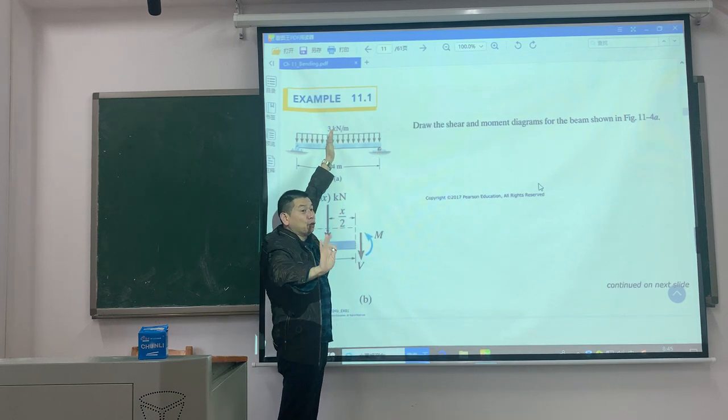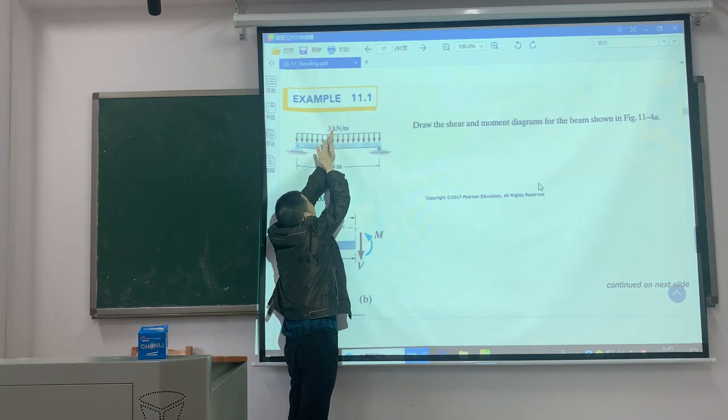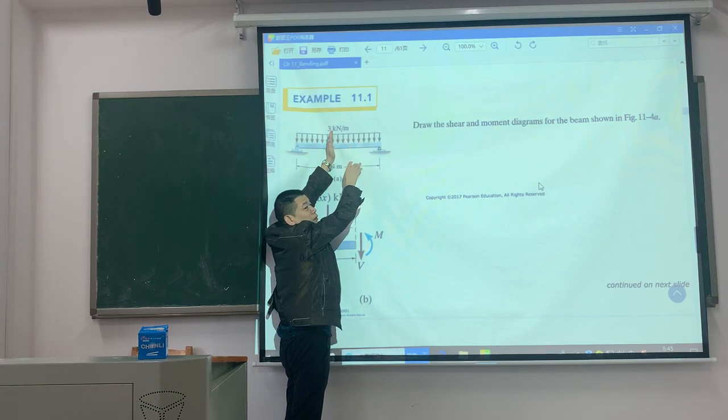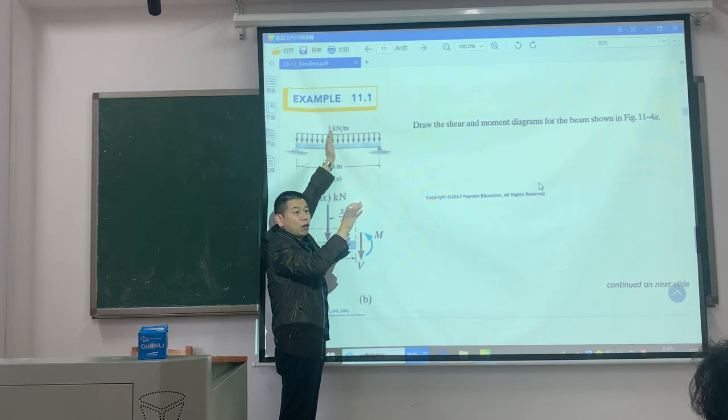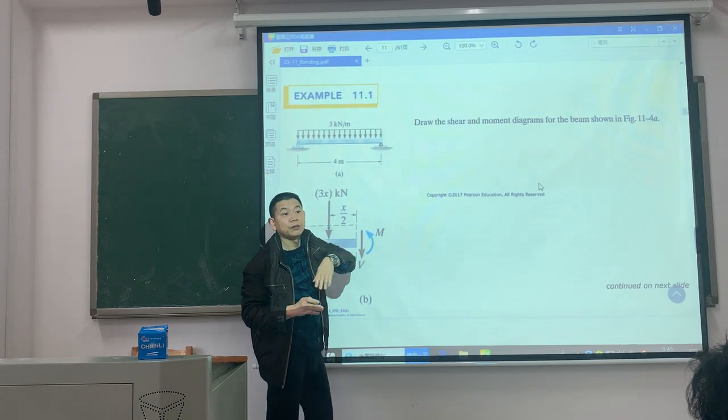We don't know the magnitude. So we have to find it. If we consider one part, with all the loading, we can't find the reaction.